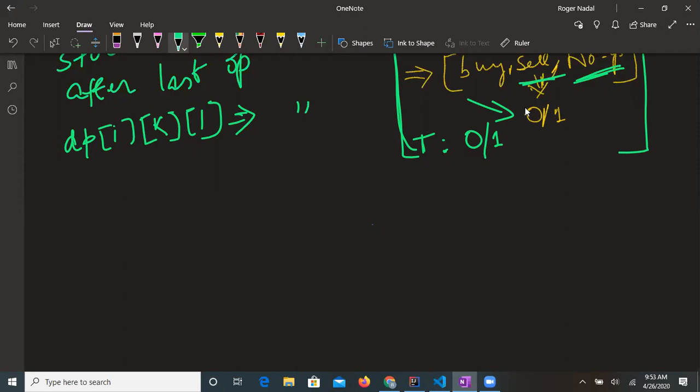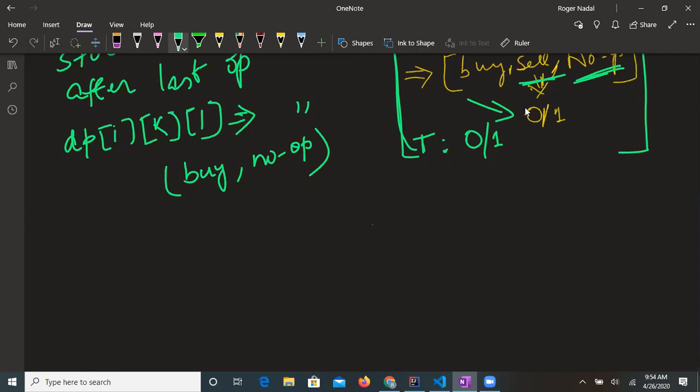Just for understanding, you can have it if you bought something, or you did nothing because you had 0 stocks and you bought one, then you can have one on that day, or you already had one from the previous day and you chose to do nothing. So then you can have DP[i][K][1], right? All right. So if that is clear, then we will go to the transition function, and that would be the next thing. If there are any questions on the definition, feel free to ask now.